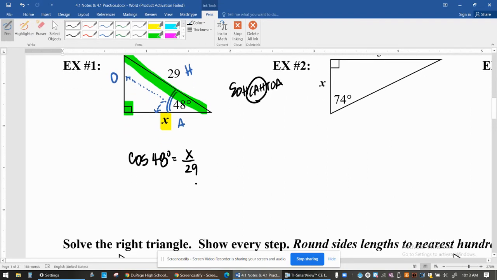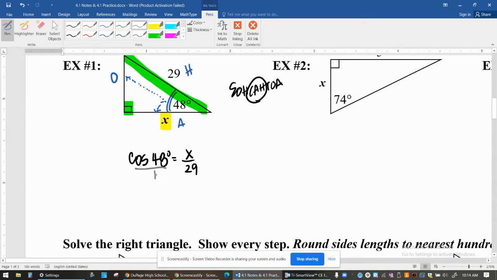Now, you can solve this as a proportion, which is what I tend to do. So what I do is I put a little 1 under cosine of 48, and then I cross multiply. Or you can just multiply both sides by 29. It's up to you, but you'll see why I use proportions in the next example.